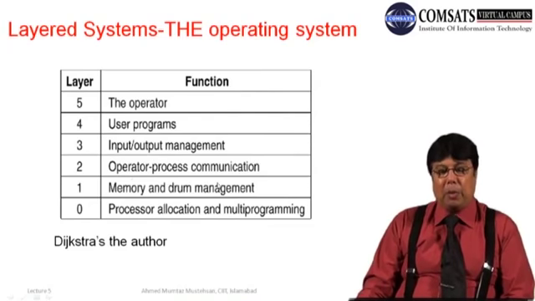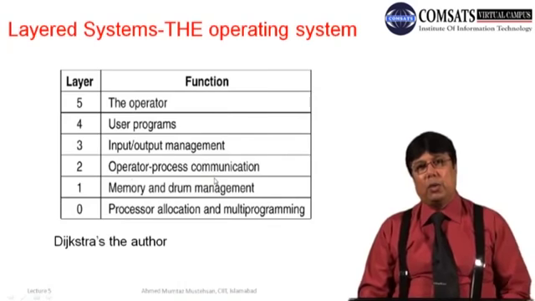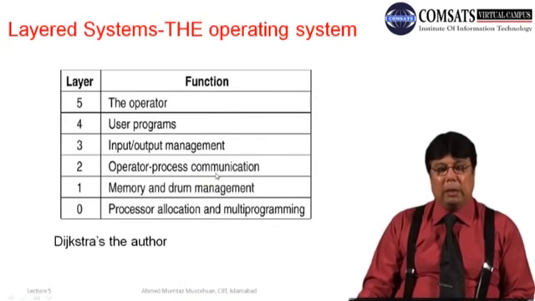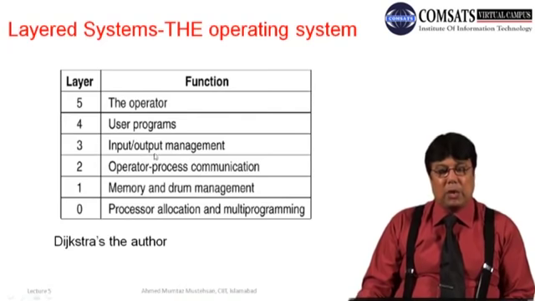Then we have operator process communication: the processes need to communicate with the users, and for that they basically need a console. The responsibility of this layer is to provide this console to communicate the processes with the user or with other processes. Then input-output management, where all I/O abstraction is done at this layer.